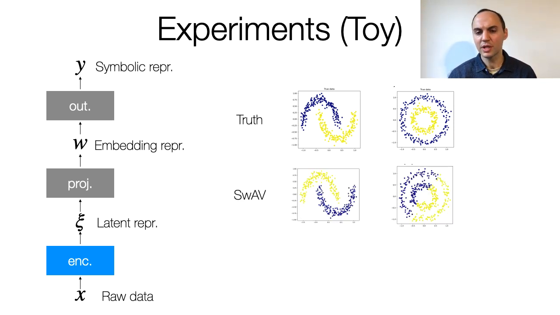So SWAV, for example, is able to really perform well on the MOONS dataset. However, when the dataset has particular symmetry, like in the case of two concentric circles, the performance drops significantly. And that's because it's not able to exploit the underlying structure in the data.